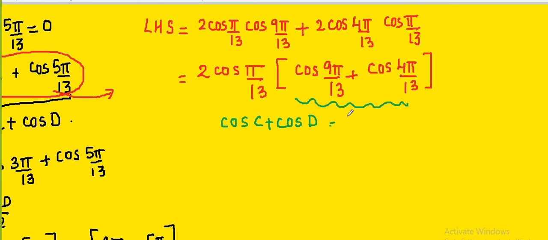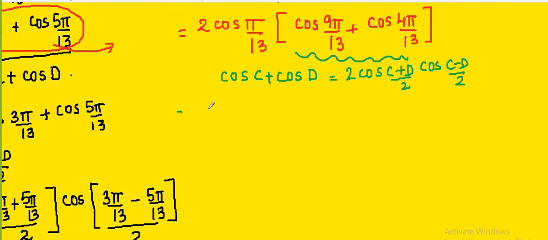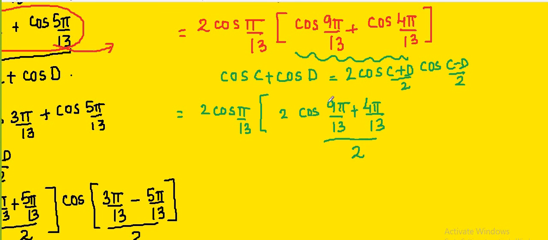So which is 2 cos (C plus D) by 2 cos (C minus D) by 2. So applying this formula here, we have 2 cos pi by 13 multiplied by 2 cos (9 pi by 13 plus 4 pi by 13) whole divided by 2, and cos (9 pi by 13 minus 4 pi by 13) whole divided by 2.